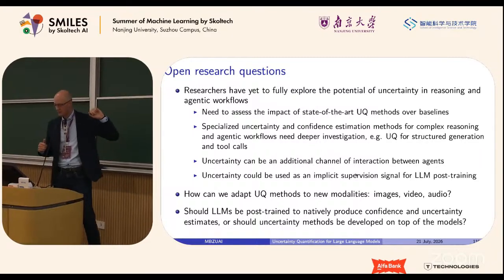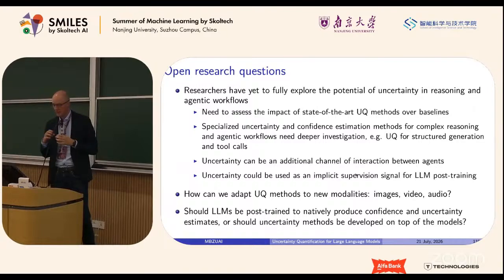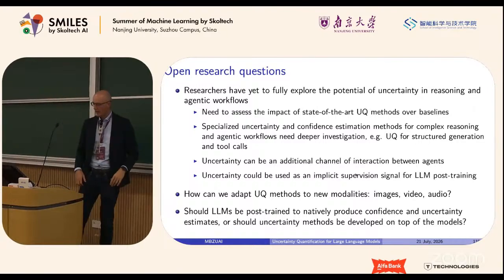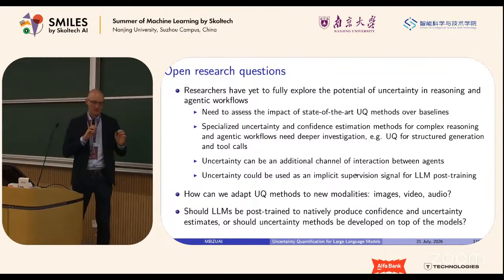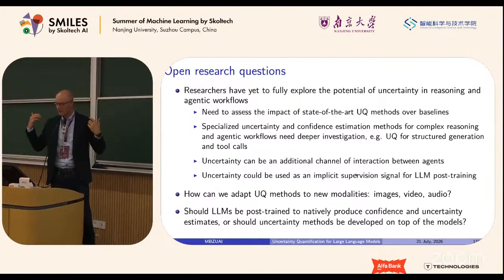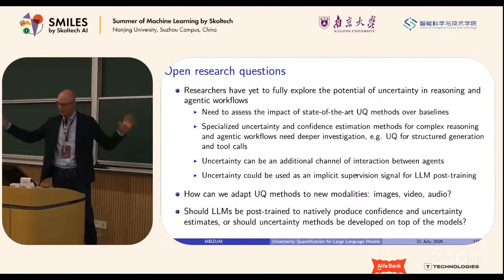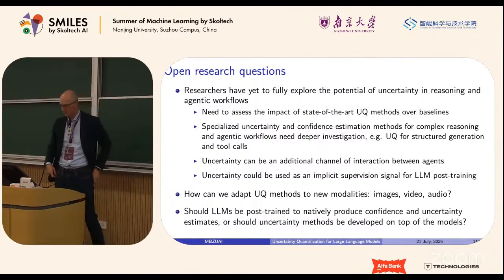We're also trying to use uncertainty as a channel of integration between agents. Currently, agentic applications of uncertainty, I think, are way under-investigated right now. So we have a lot of low-hanging fruit over there.